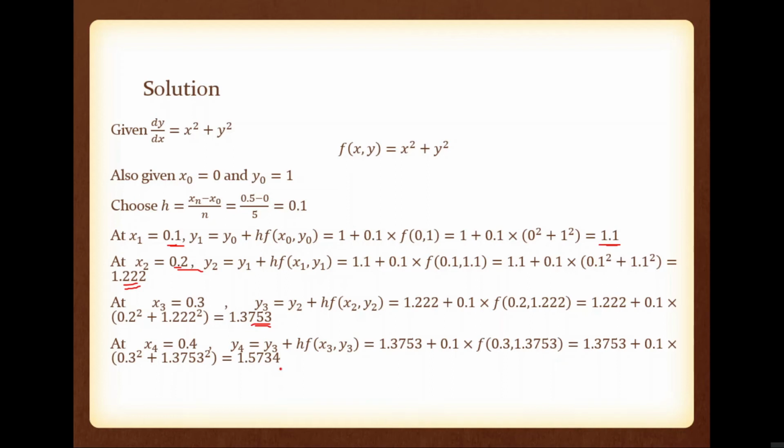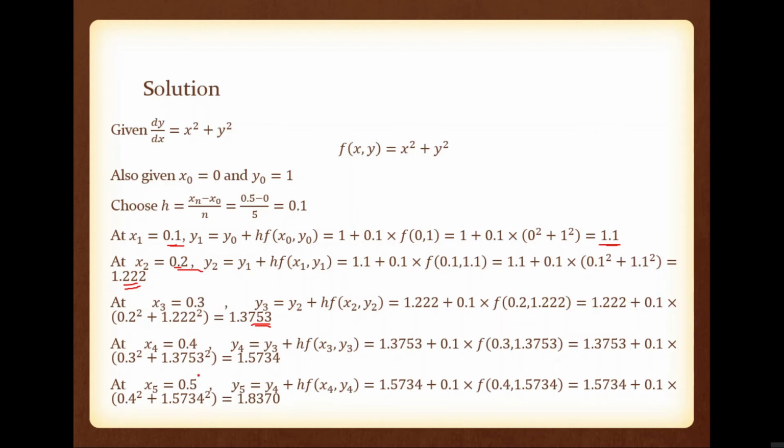Okay. So now the last one, we are actually asked to find y of 0.5. So we are going to find that value. So x5 equal to x4 plus h, that is 0.5.